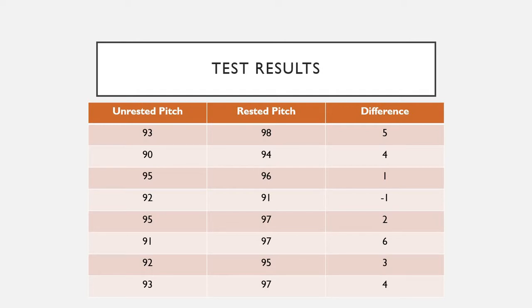For the rested pitch, pitcher 1 threw 98, 2 threw 94, 3 threw 96, 4 threw 91, 5 threw 97, 6 threw 97, 7 threw 95, 8 threw 97. For the differences, pitcher 1 had 5, 2 had 4, 3 had 1, 4 had -1, 5 had 2, 6 had 6, 7 had 3, and 8 had 4.